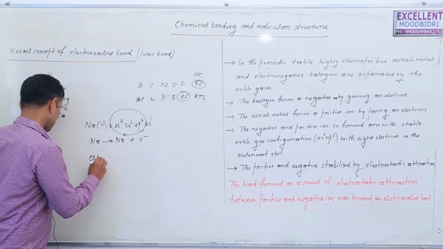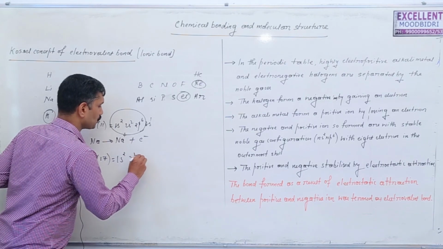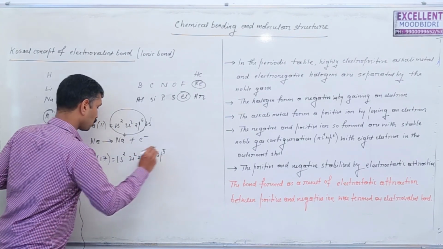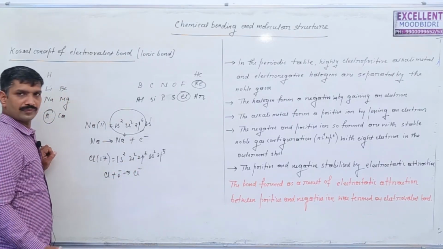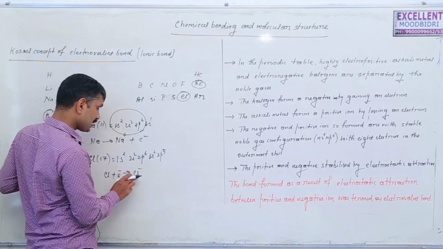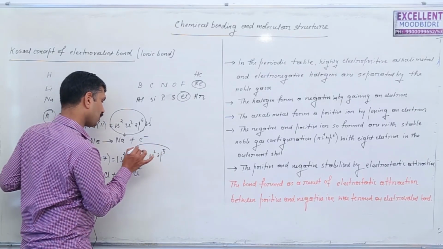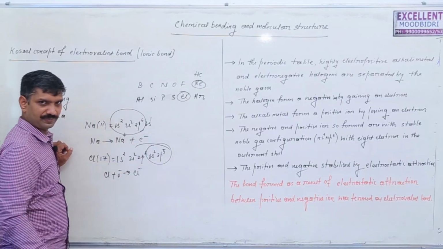Chlorine has atomic number 17, and its configuration is 1s2, 2s2, 2p6, 3s2, 3p5. Chlorine has a high tendency to gain one electron, forming Cl minus, which attains a stable electronic configuration after gaining one electron, becoming 3s2, 3p6.